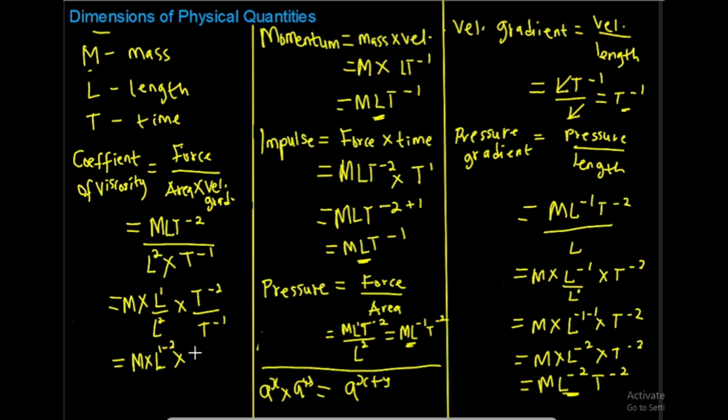We take one of the base and subtract the powers since they are dividing. So you have minus 2 minus minus 1. Minus minus here is plus, so we have minus 2 plus 1, and that will give us minus 1. So coefficient of viscosity has its dimension to be ML^-1 T^-1.